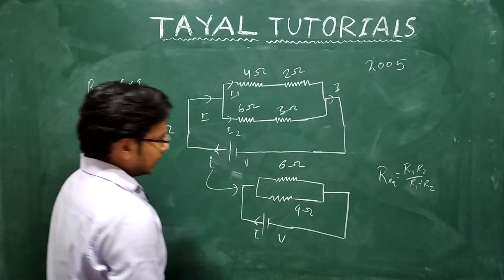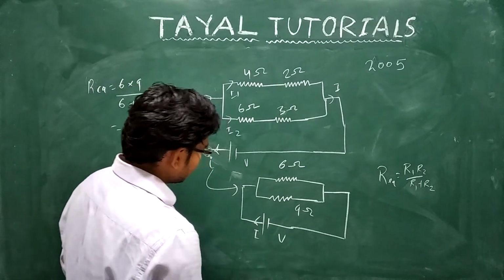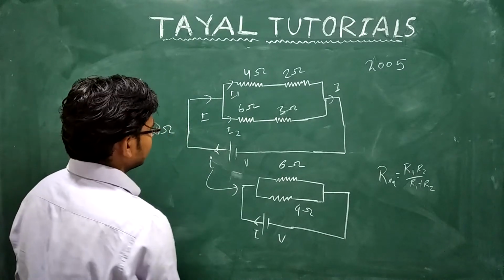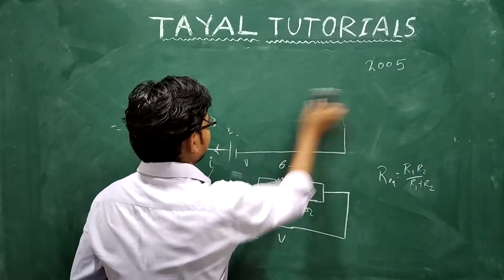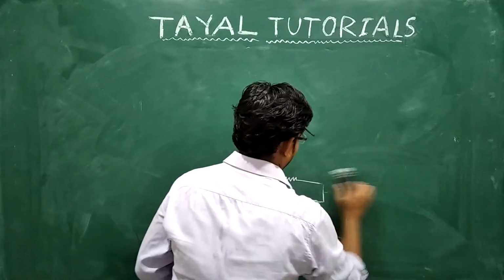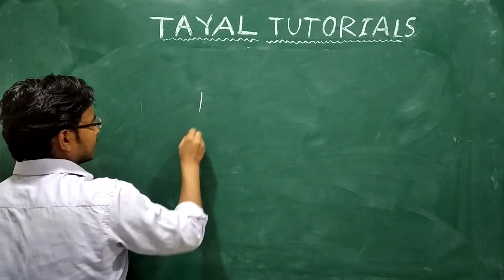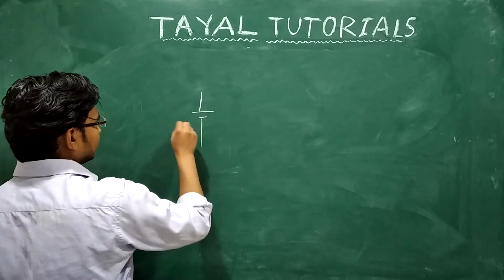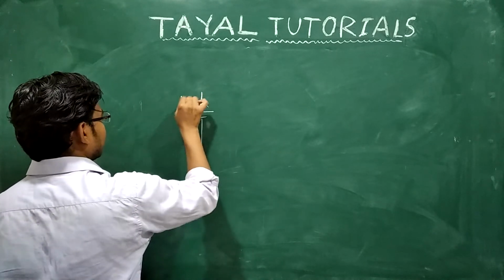So if you want to get the current which is being fed by that voltage source, you can simply apply Ohm's law. This is your R equivalent, 18 by 5 ohm. That complicated circuit has just been reduced, but it's simple.